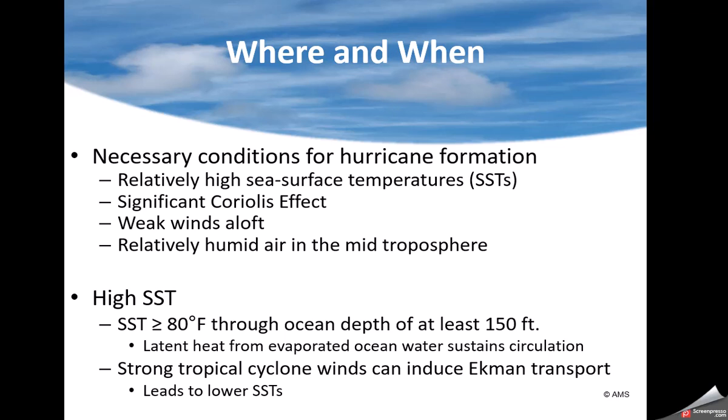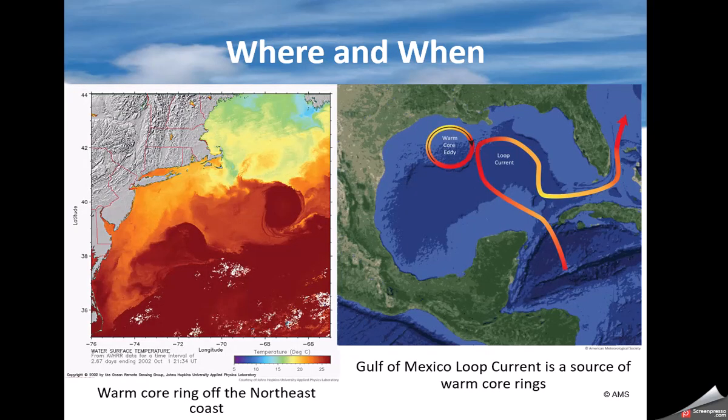Another thing is they need the Coriolis effect. One of the reasons they need the Coriolis effect is they have to get that rotation, which can't occur without it. Here is just an image of the warm circulations. Just last week, there was a system that moved up the east coast of the United States and hit New York, New Jersey, and that area.